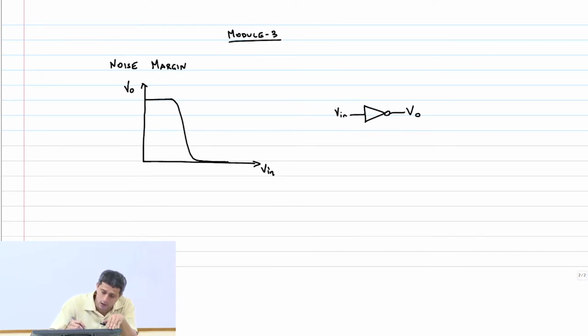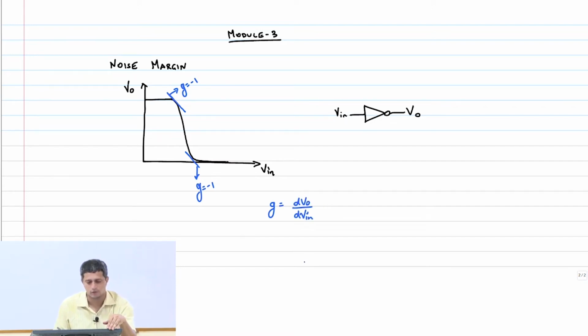So the point where the gain becomes -1 is of importance. G equal to -1. And what is G? dV0 by dV in, the gain. So we needed to identify these points.